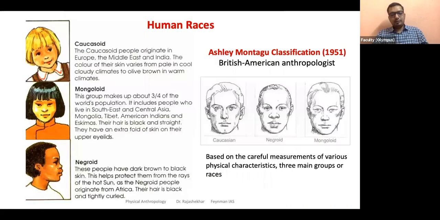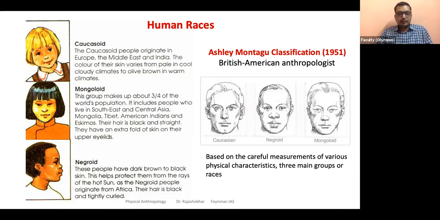Now let's go with the idea that we are going to work further on this. We are going to use Ashley Montagu's. Ashley Montagu is a British American anthropologist. Do you study about him in social anthropology? No? Okay.